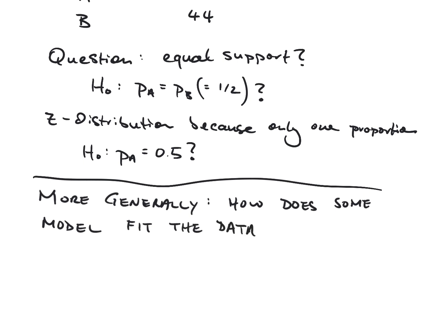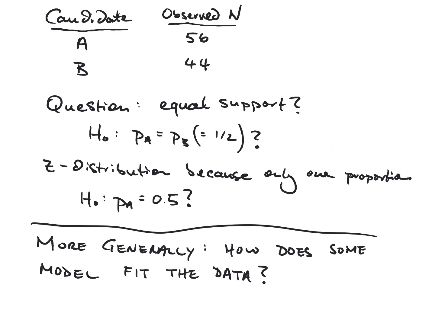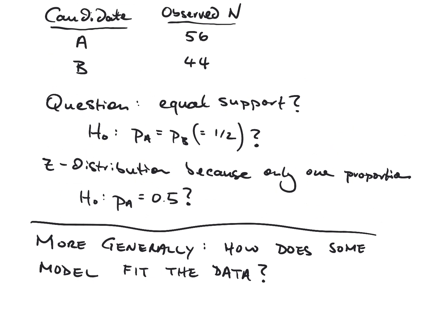So in this example, what I have in mind is a model where people support the candidates equally. It's basically random, a 50-50 chance whether they support candidate A or B. And you can think that we can come up with what we'd expect under the model.